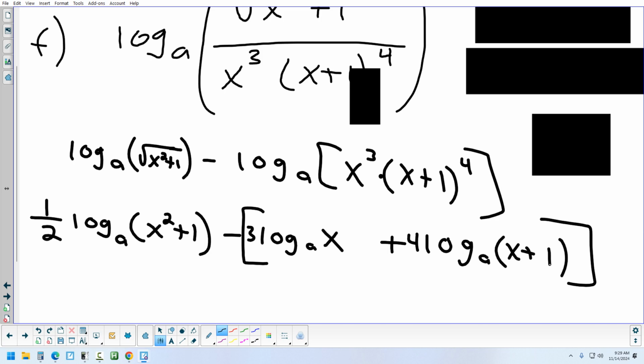The reason is because once you split this apart, you're subtracting the whole thing that you split it up into. So it's really like that minus is distributed: minus 3 log base A of x minus 4 log base A of (x plus 1). You don't have to distribute the negative out. You can read it like that. But that'd be your final answer.